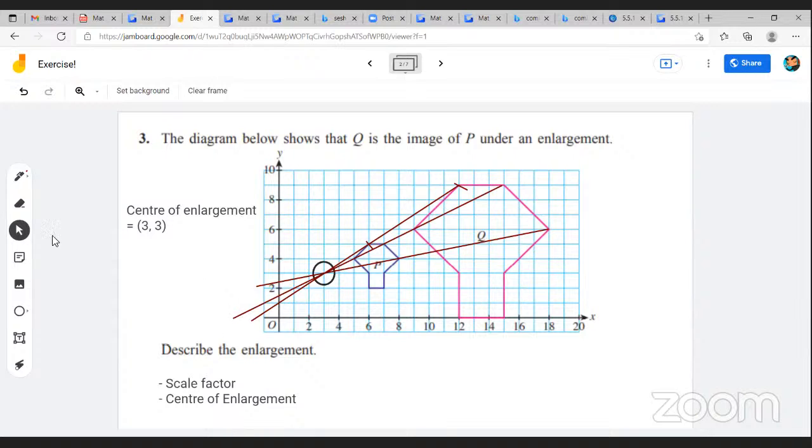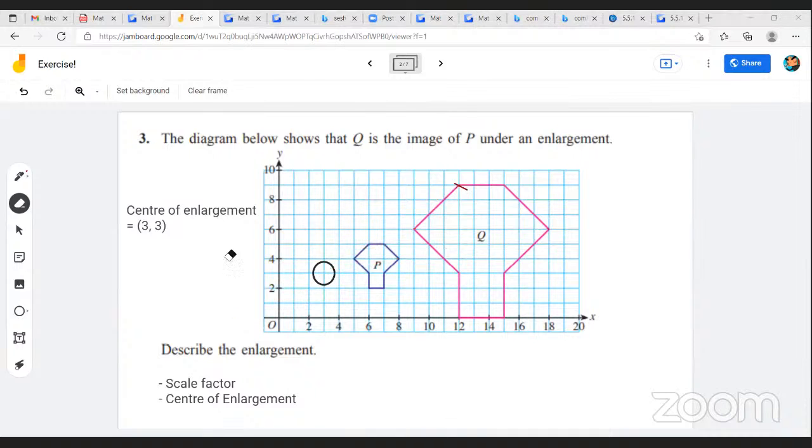The second part we need to find out is the scale factor. So I'll just erase all of these, and I'll leave the center of enlargement there for future reference.